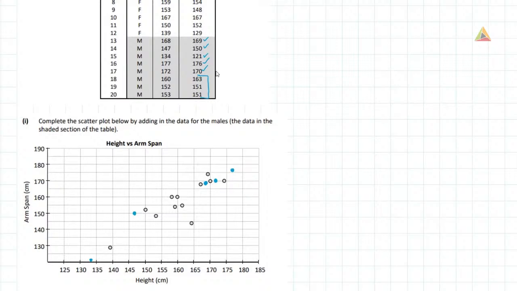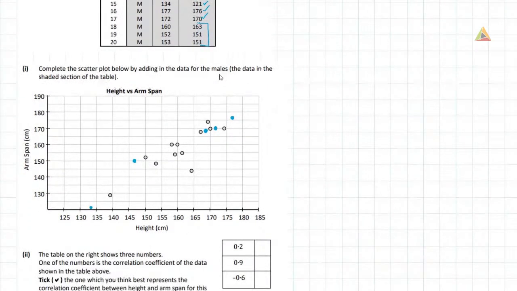So the next one says 160, 163. So I'm going to come across to 160 and then I'm going to go up to 163. So that's just above this 160 and we're going to put in a dot. So 160, 163 will be about here.